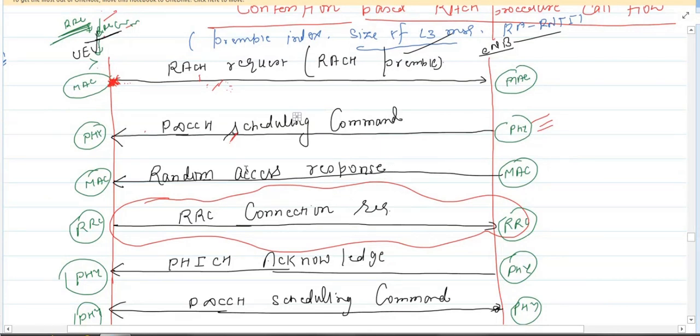So where is the resource for the random access response on PDSCH? The UE will read the DCI format, downlink control information, that will provide the information about the random access response scheduling. That's why you first read the PDCCH, because DCI will come on the PDCCH. So the UE will read the PDCCH scheduling command, which will provide the resource information about the random access response.